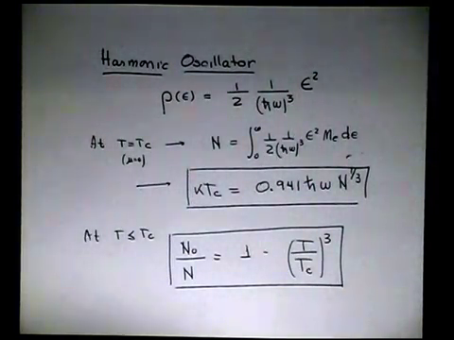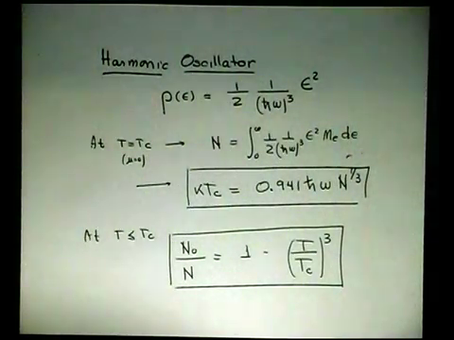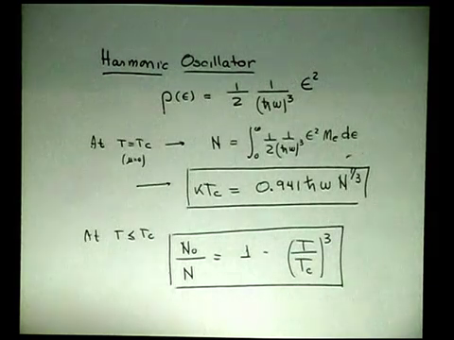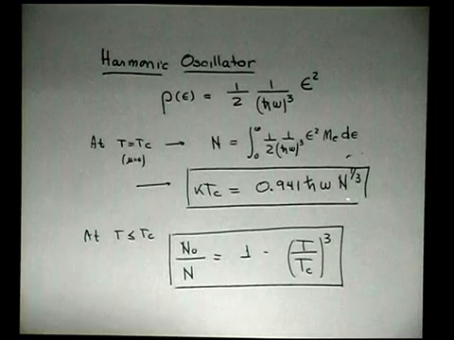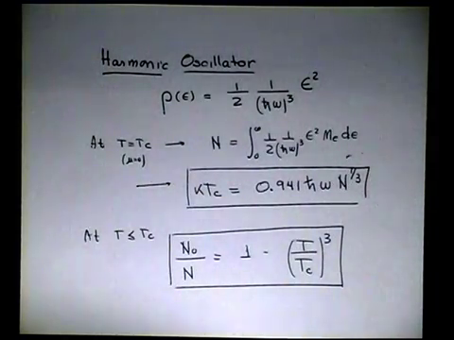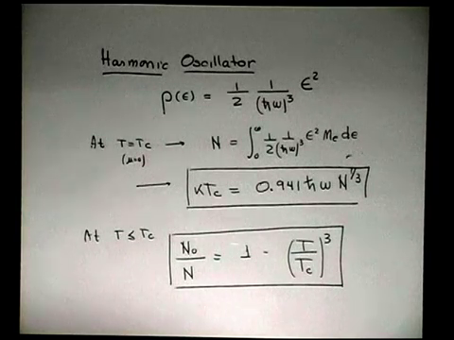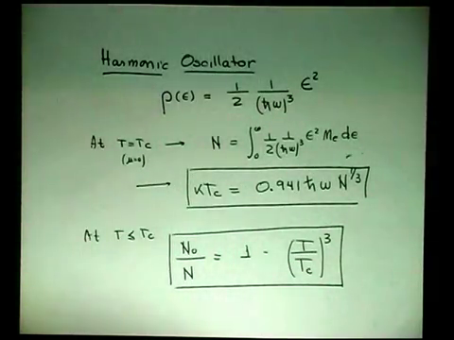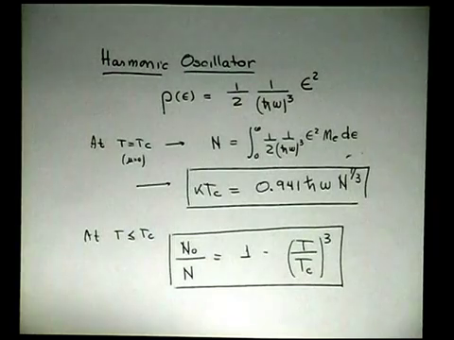You just make that integral and set the fraction of particles in the ground state equal to 0. You can get the critical temperature, and for a harmonic oscillator containing N particles it is given by this expression. And the fraction grows below the critical temperature following a cubic law. Remember, the box was not cubic, it was 3/2.